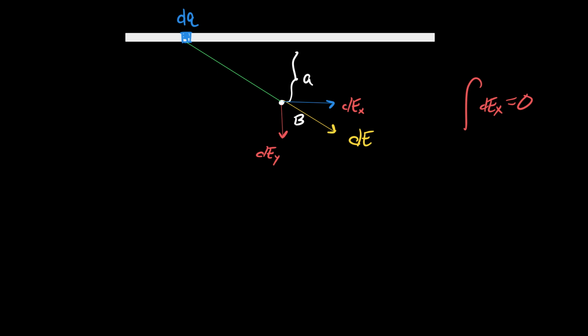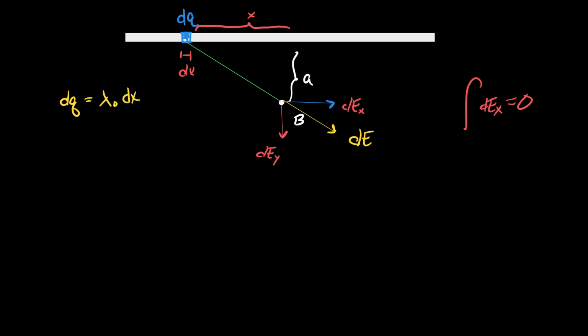I'm going to need some pointers here. So again, I'm going to make this distance x and make the width of my piece dx. Just like we did way back in September, dq is going to equal lambda naught dx.